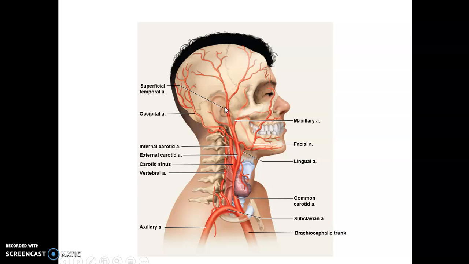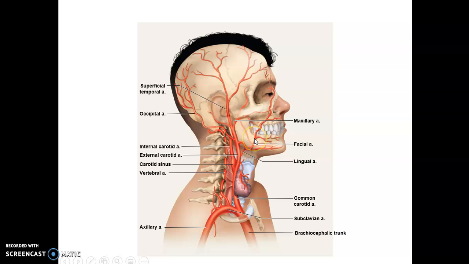You have your occipital artery. Again, it is located where our occipital bone is. You have your maxillary artery, and it is located on the back of our maxillary bone.